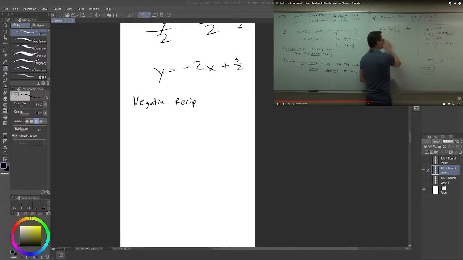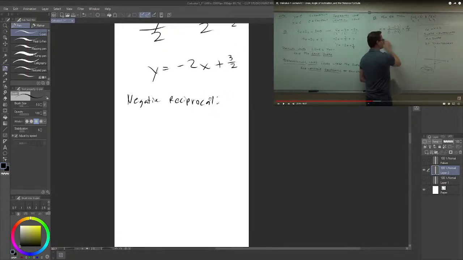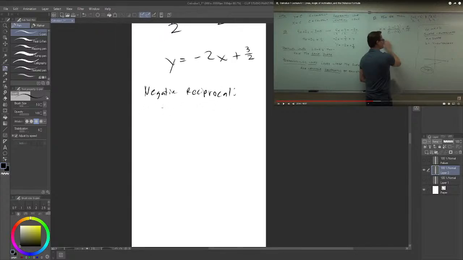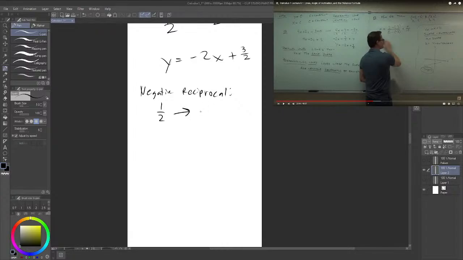Spell it. Reciprocal. I'm just gonna write down that example. So like half, -2 over 1. Make it easier.